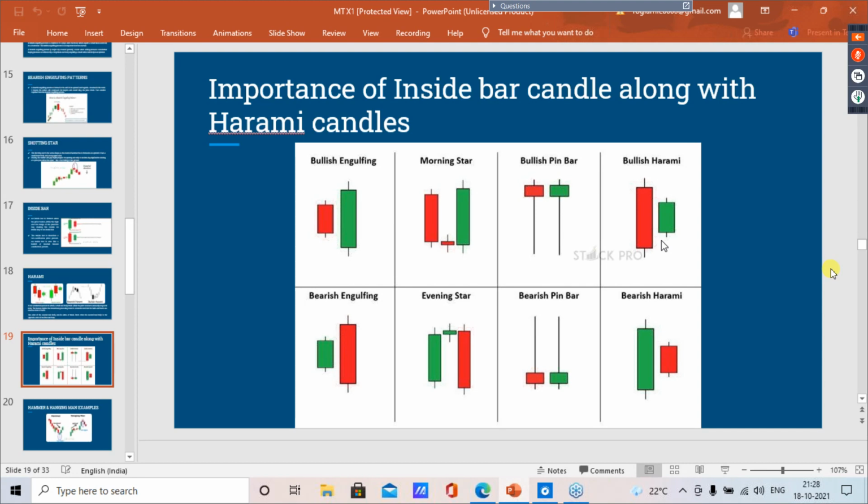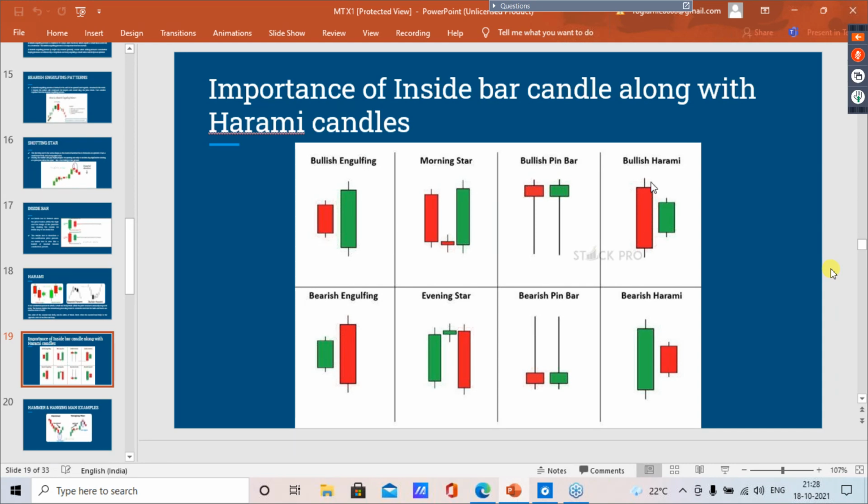And the location of bullish Harami should be at the bottom of a downtrend, because it works beautifully like a bullish hammer. The functionality remains the same, but we are taking two candles into consideration and we have two specific attributes: it has to be an inside bar, and the color coding. Third point, it should occur at the bottom of a downtrend.